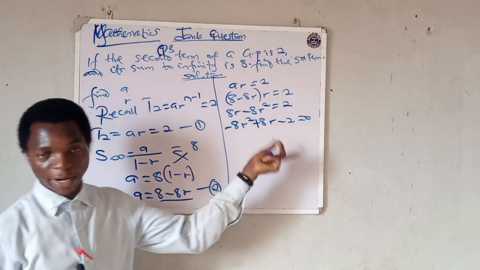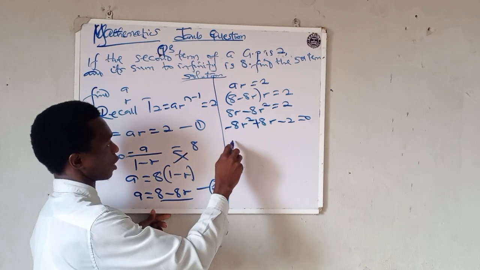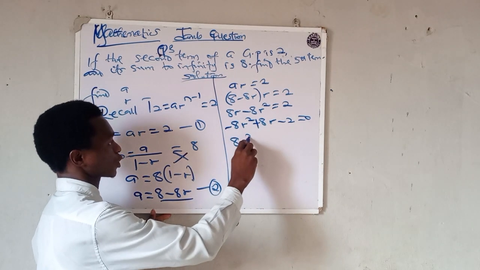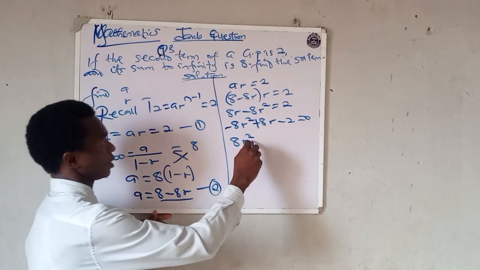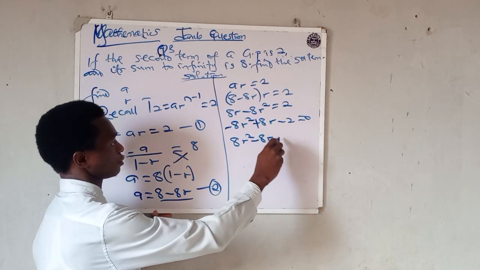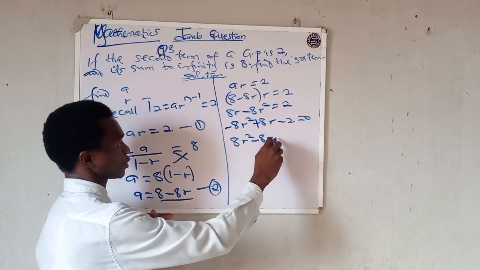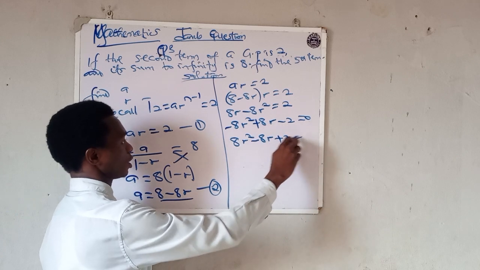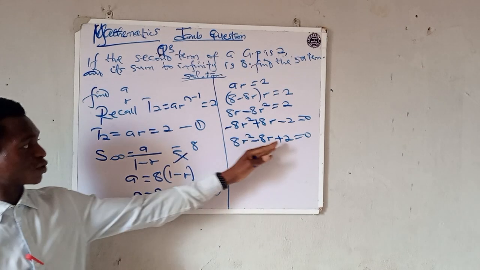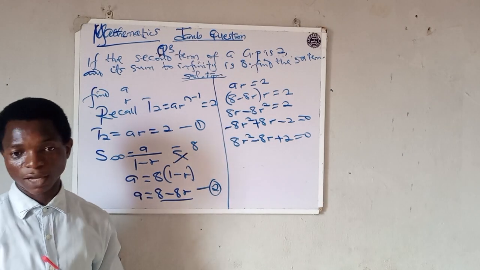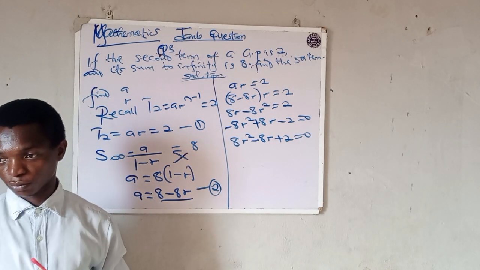When you divide both sides by minus, we keep 8r squared. This minus will affect this, it changes to minus 8r, and the minus will keep this 2 plus 2 equals 0. So this now resolves to a standard quadratic equation.